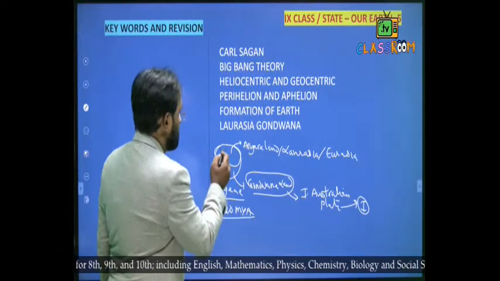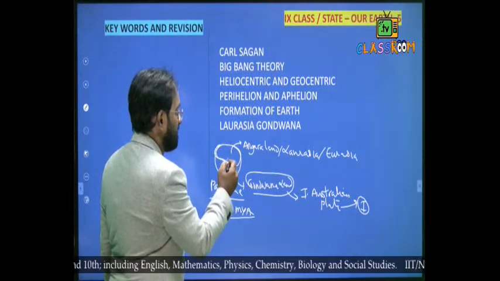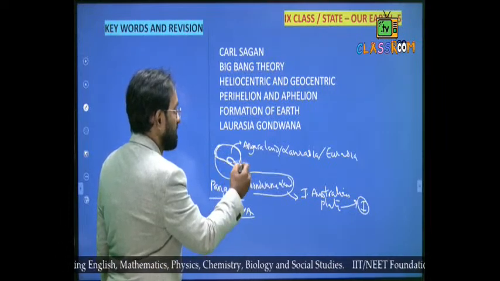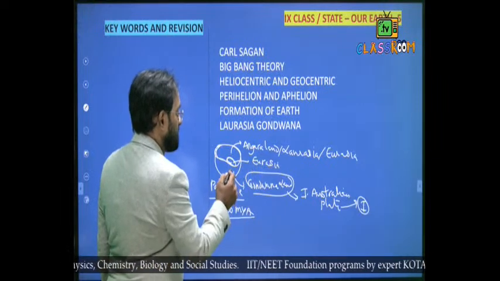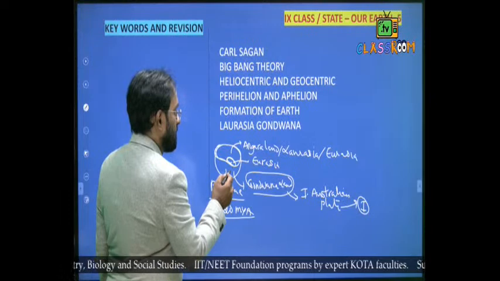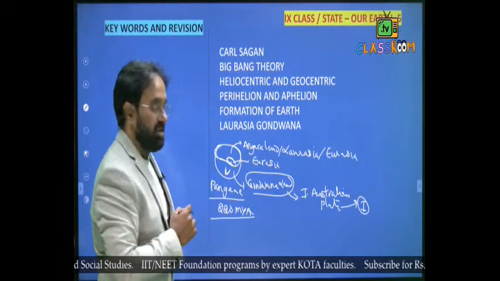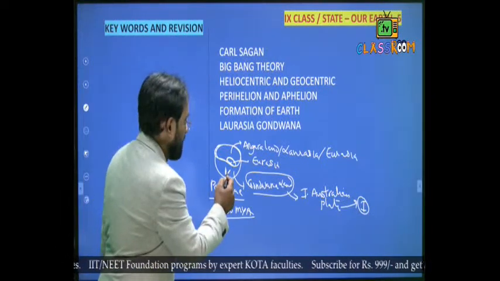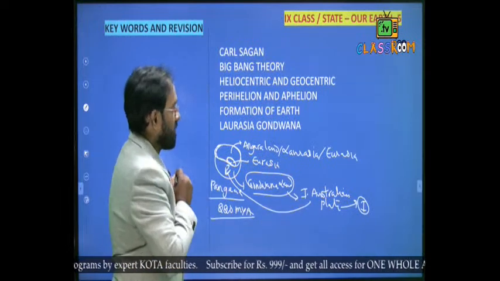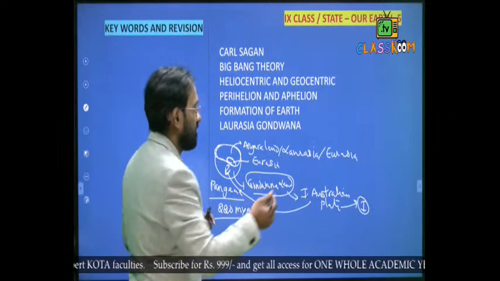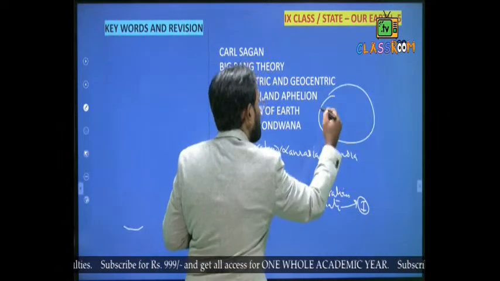For example, this is the entire Angara land, and this part is called Eurasia. This is the entire Gondwana land, and this part, can you see here, is called the Indo-Australian plate. So this part is going and hitting this part. I'll draw it in a bigger diagram.